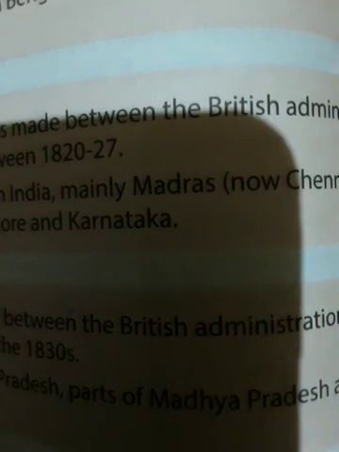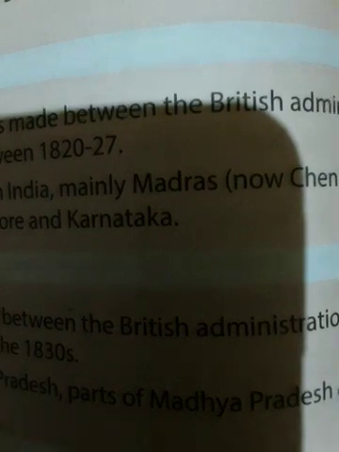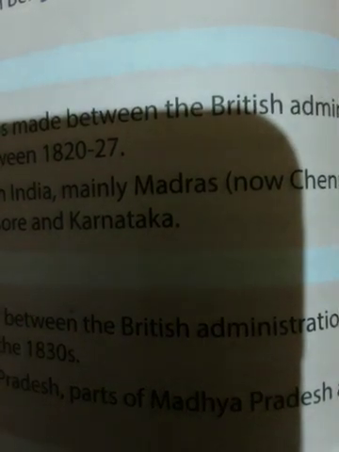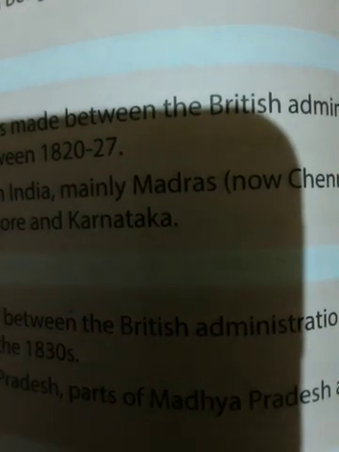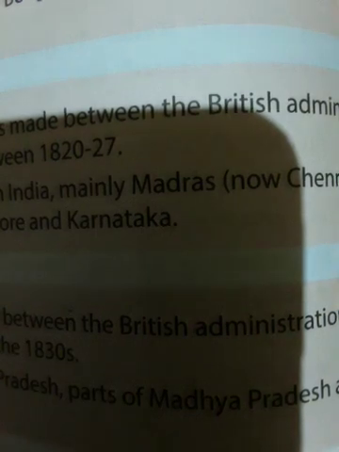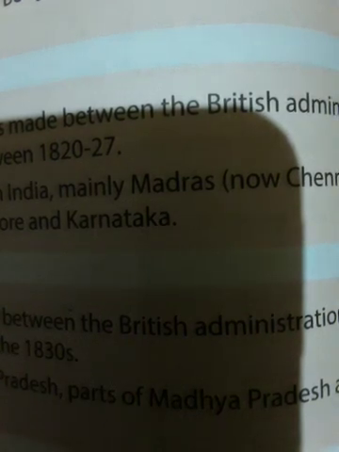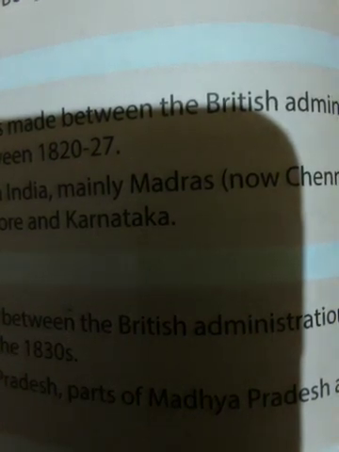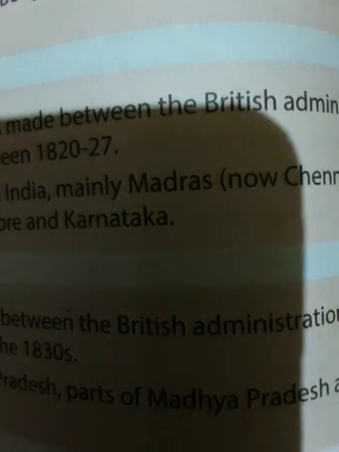Some important features of the Permanent Settlement are given below. First, the Zamindars, who initially were revenue collectors, became the permanent legal owners of the land, from whom the company collected tax.